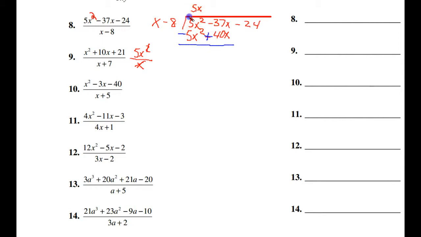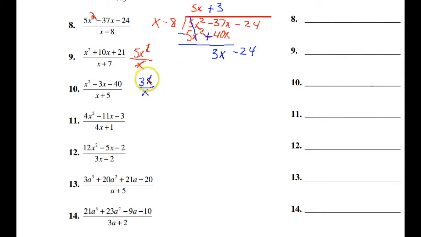So these will cancel out. That's what we're looking for. And now this ends up as a 3x, and then we bring this down. And then again, we say 3x divided by x is going to go 3 times.